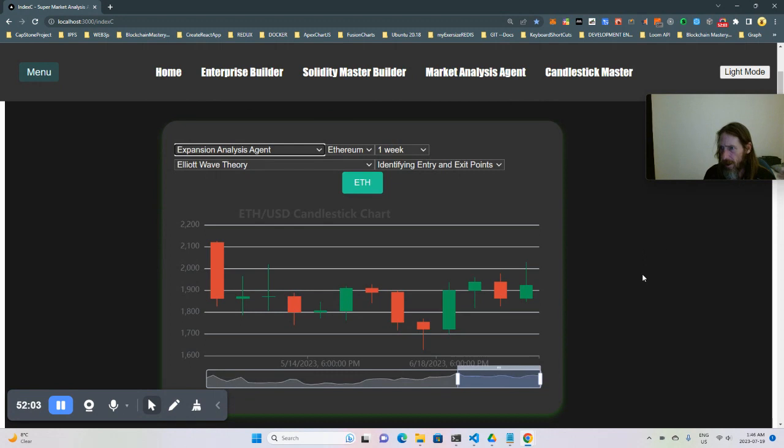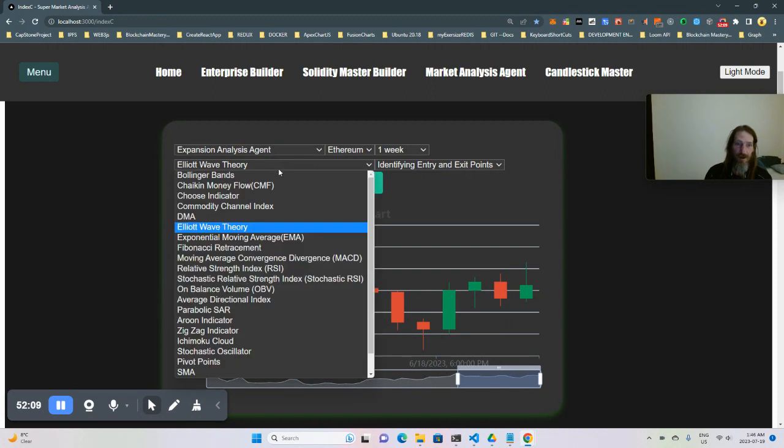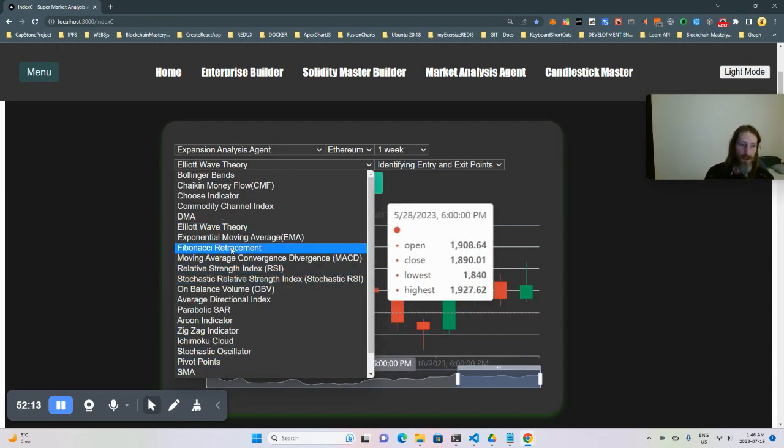Expansion, and it knows already what indicator it needs. So it doesn't actually matter which one I put here, but expansion would be finding a top.